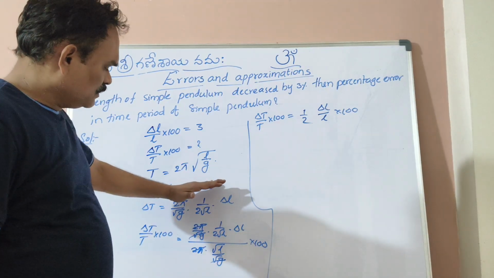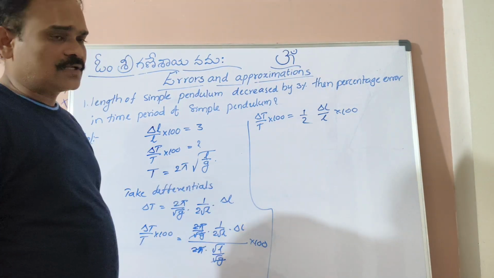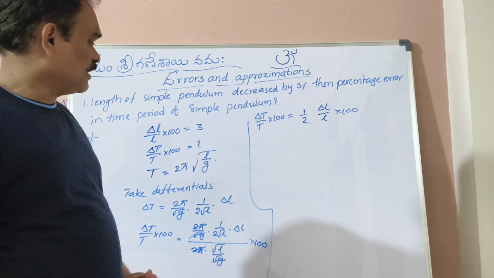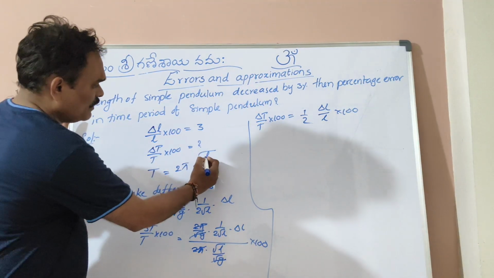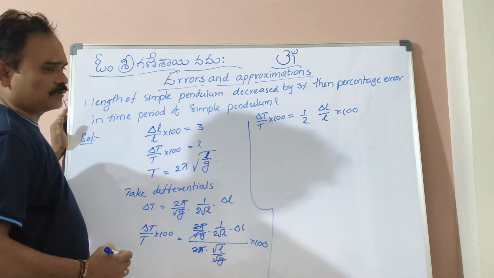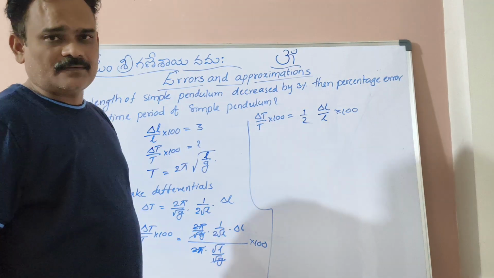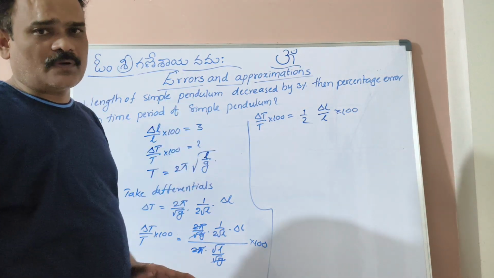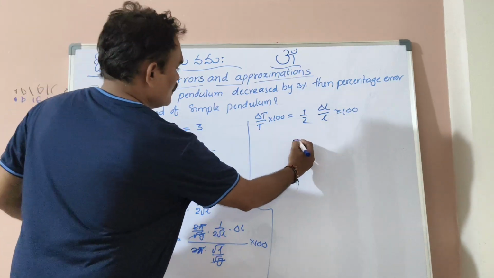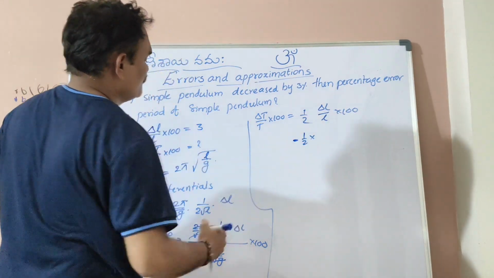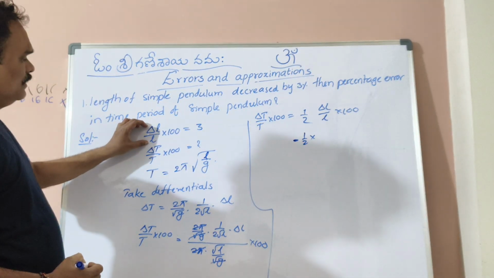So without doing this also, directly we can write the formula. Here, what is the power of L? Root, that is 1 by 2. That becomes the coefficient here in any type of problems. So that equals 1 by 2 into delta L by L into 100.